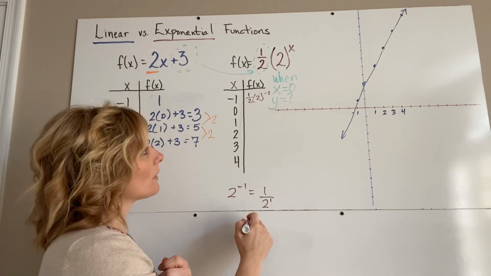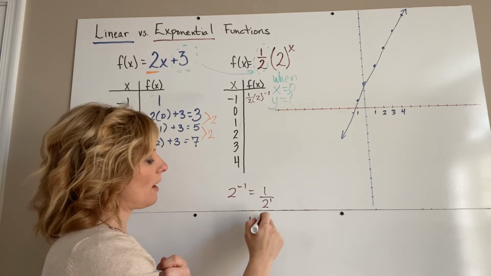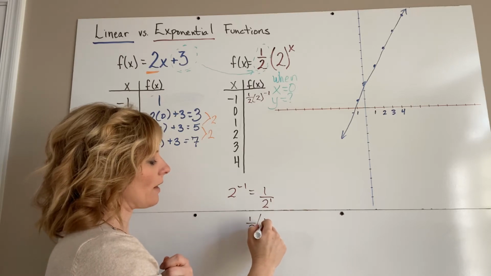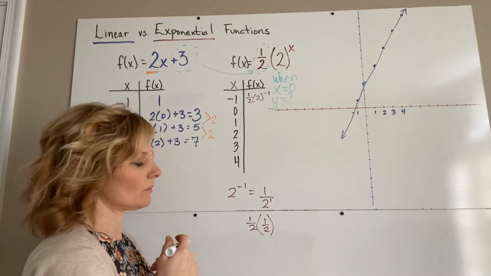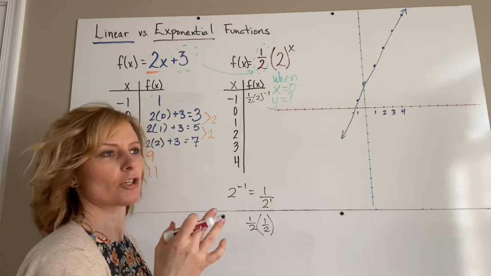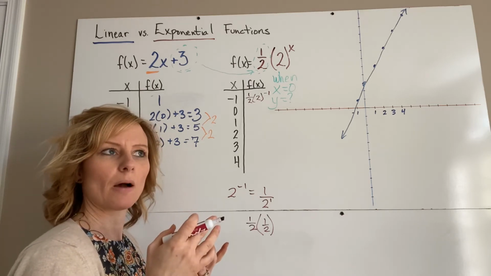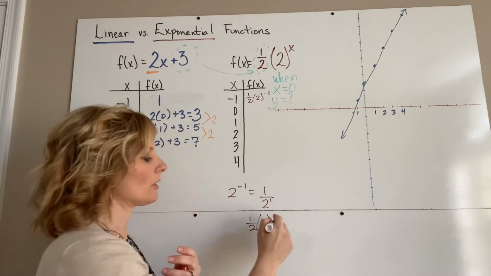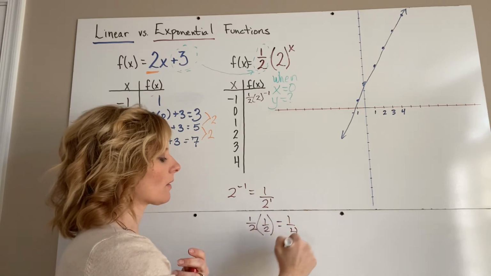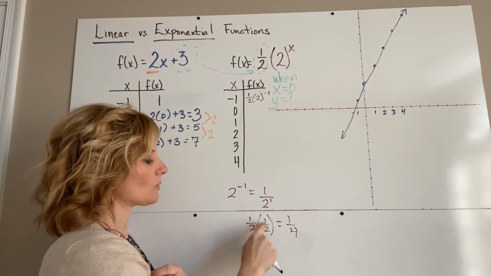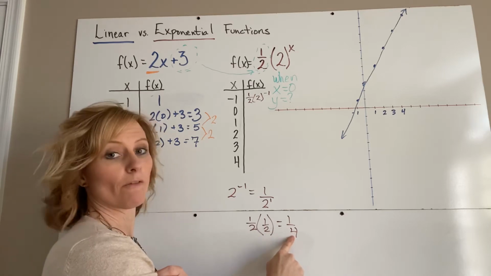So we have this, but then we have this down here. We have 1/2 of this 1/2. Well, that seems kind of strange to multiply the fractions. Think about what's half of a half. You get 1/4, right? Or you could think of it as 1 times 1 is 1, 2 times 2 is 4.